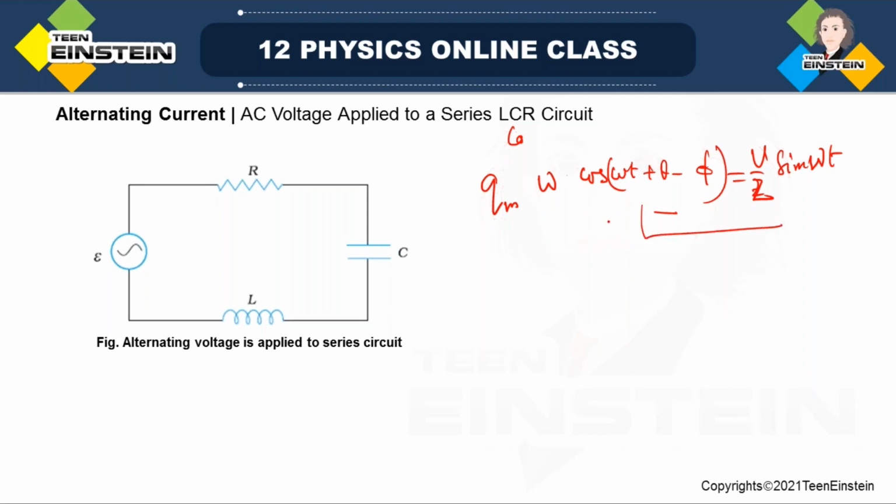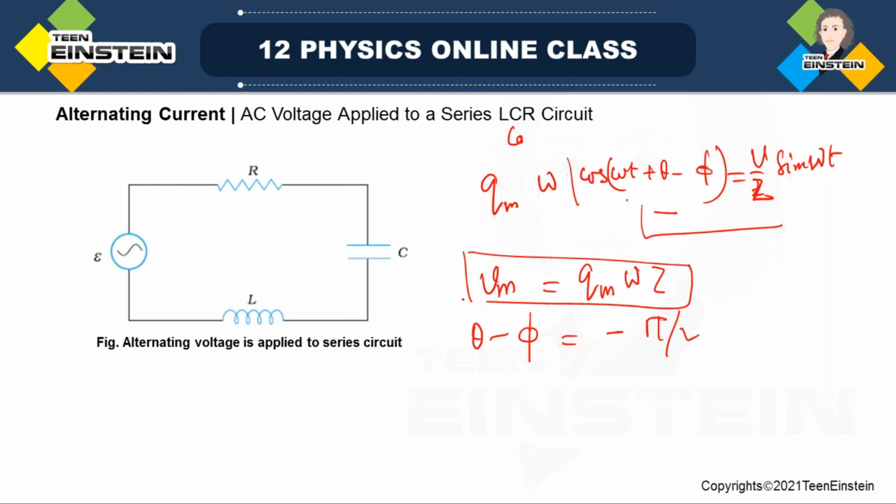Now if you want to compare these two, left and right hand side, you will get that Vm is equal to Qm omega z, and theta minus phi has to be pi by 2, so that you can compare it with sin omega t.